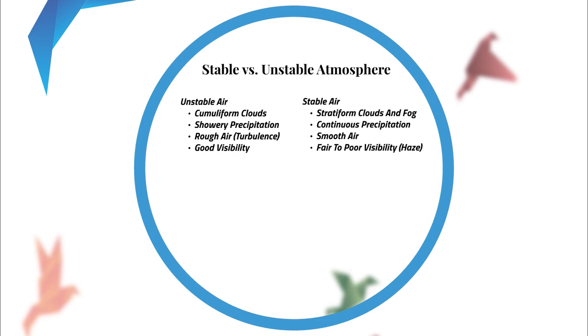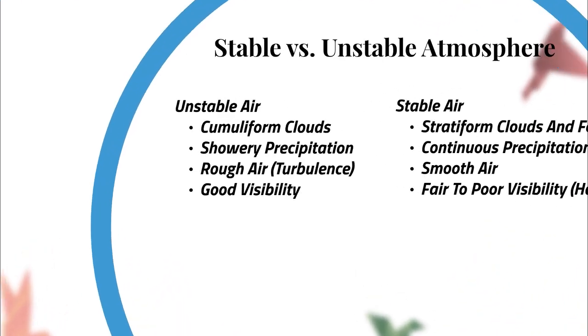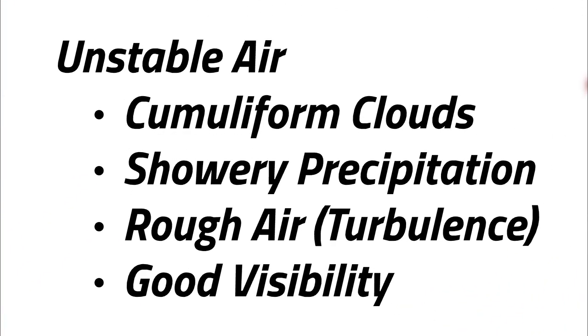So let's talk a little bit about that unstable air mass for a moment. In unstable air, and we see it here in Florida in the summertime quite a bit, heat from the ground or buildings or parking lots or whatever is causing a lifting force.